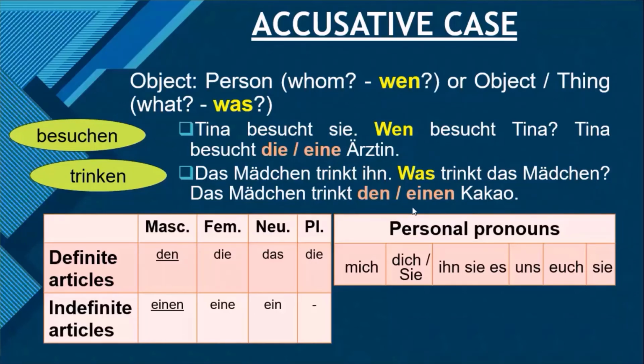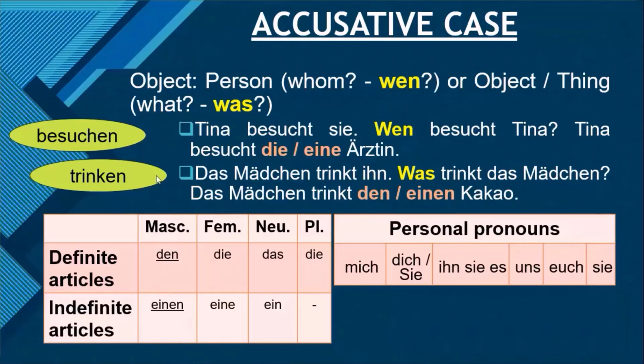So it becomes tricky when the things have personal pronouns similar to the people. So ihn is him, but it is ihn for him as a person and ihn for a thing if that thing is a masculine noun.